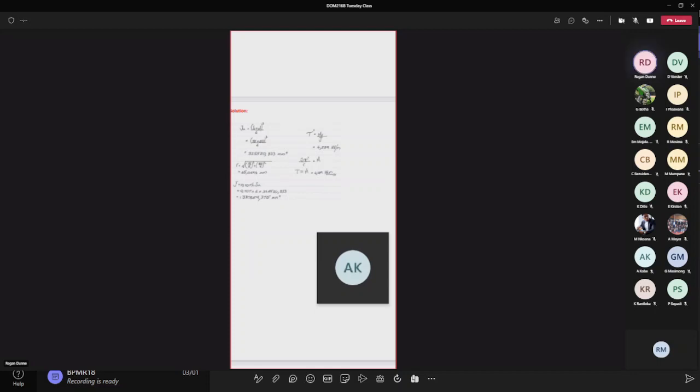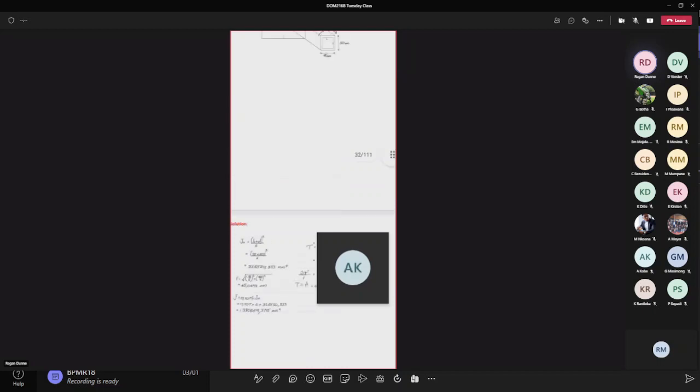We find R. So R sits in the center of the tube. Because it's either a square or a rectangle, we just find the center using X bar, Y bar.